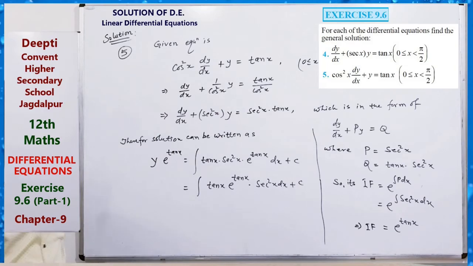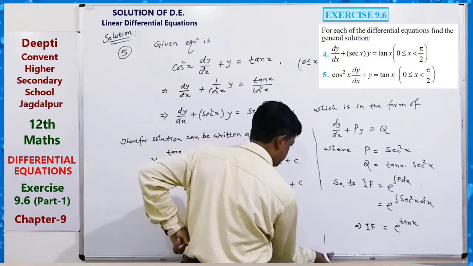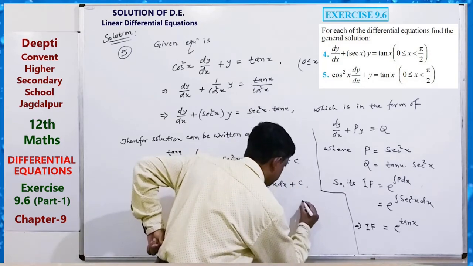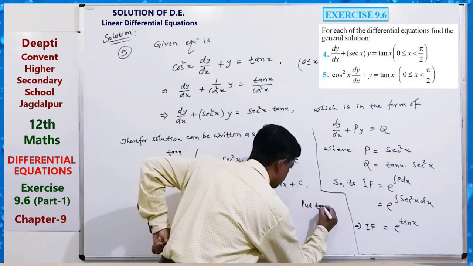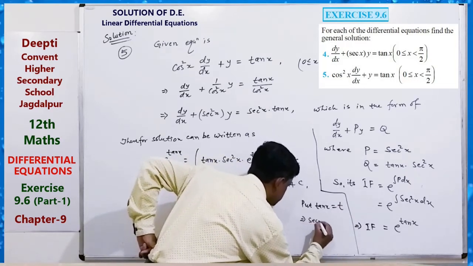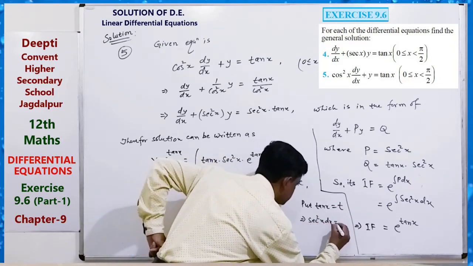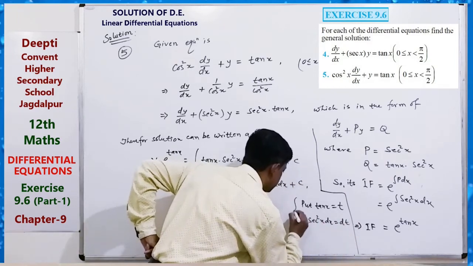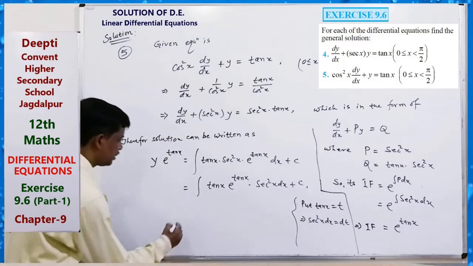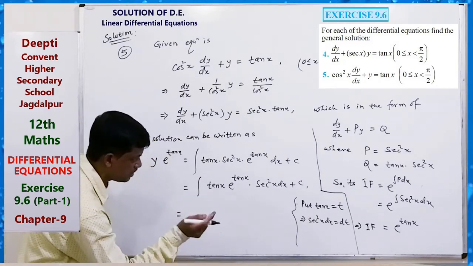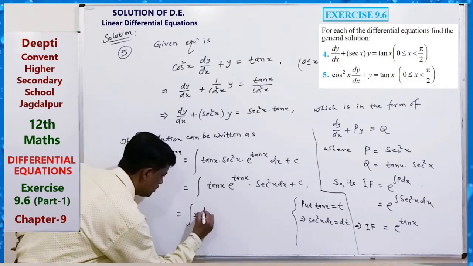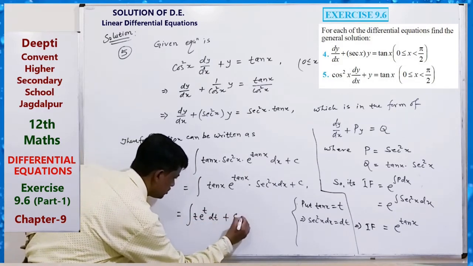Just put tan x equals t, which implies sec square x dx equals dt. Okay, so we can write sec square x dx as dt. So integration t e to the power t dt plus c.